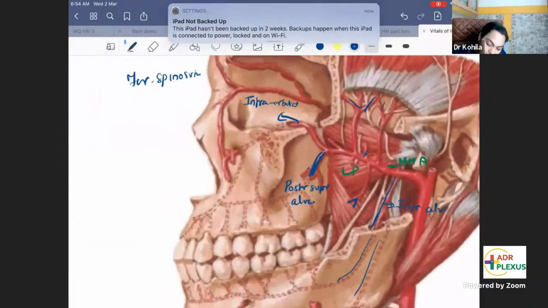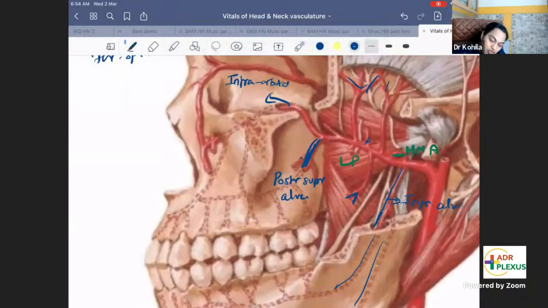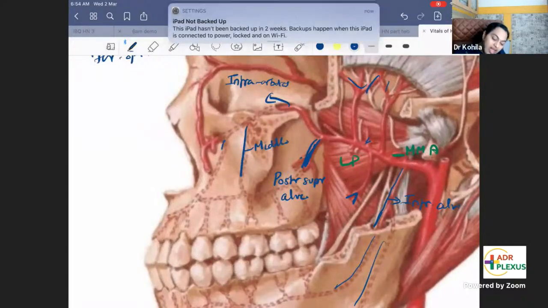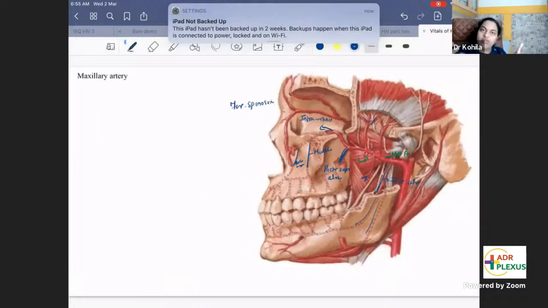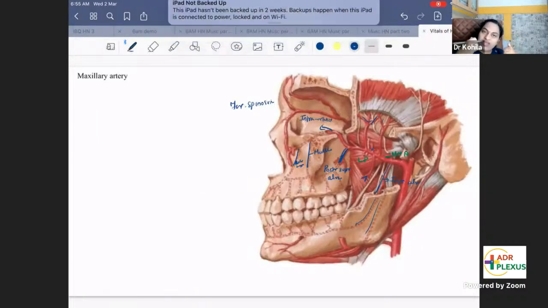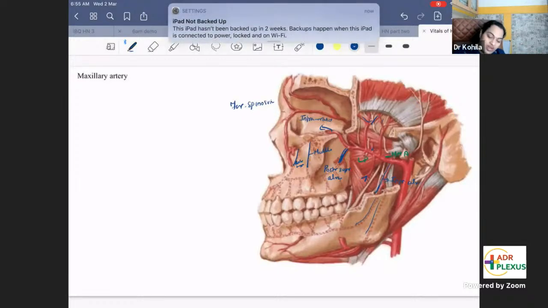The infraorbital artery will give rise to the middle superior alveolar and the anterior superior alveolar. So the infraorbital not only supplies the orbit, it also supplies the upper jaw by giving the anterior superior alveolar and middle superior alveolar.